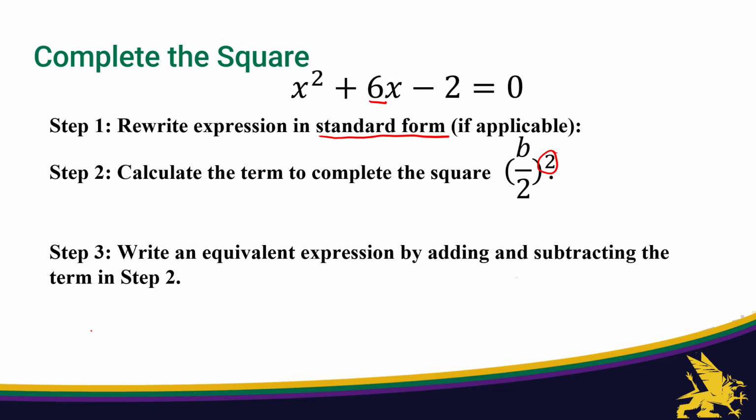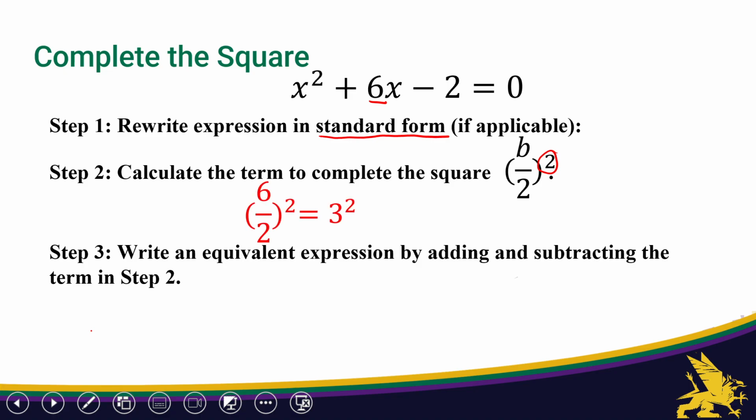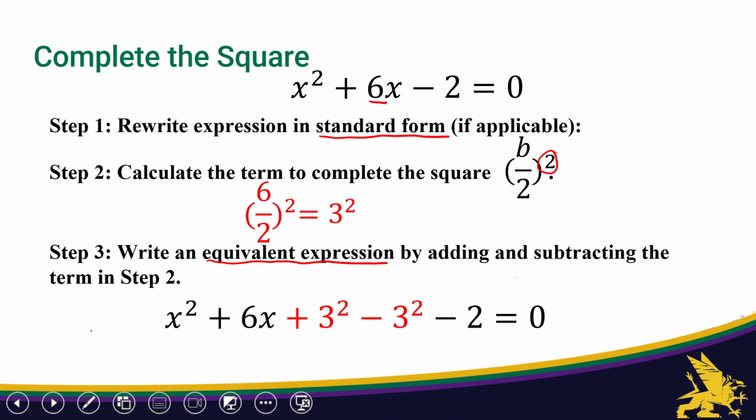So I'm going to leave it in the form 3 squared. Now with this, we are just going to be adding and then taking away the 3 squared. So we're just, like I said before, making an equivalent equation or an equivalent expression if I'm only focusing on the left-hand side. I always put the plus first.